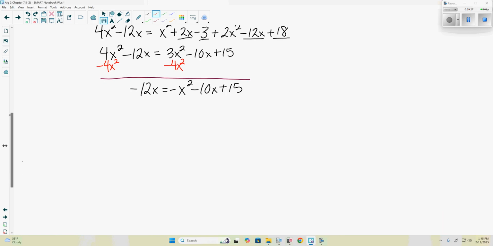Now I try to keep the x squared positive, but here it's going to take fewer moves to move the 4x squared and negative 12x over to the other side than it is to move the 3x squared minus 10x plus 15 to the other.